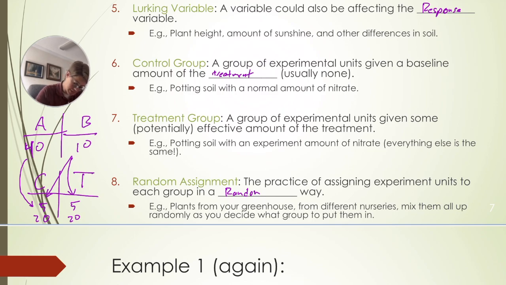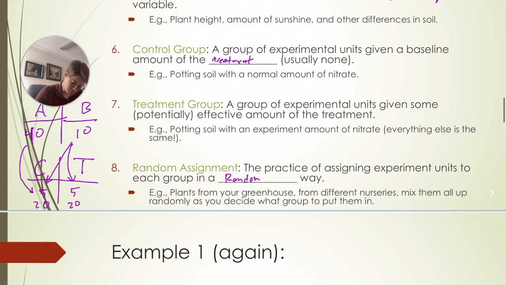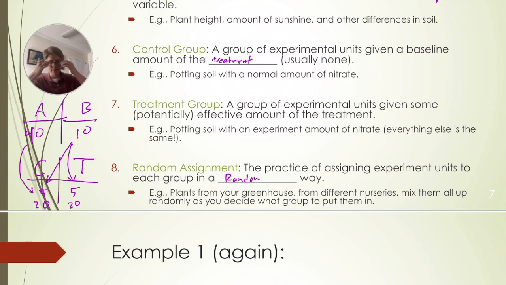However, if you didn't do the stratified sampling to randomly distribute them, the idea is that if you randomly sampled them, the probability of getting a plant from nursery A in your treatment group is 4/5.